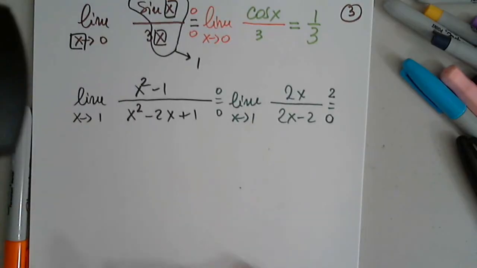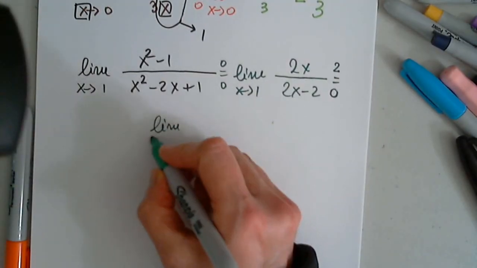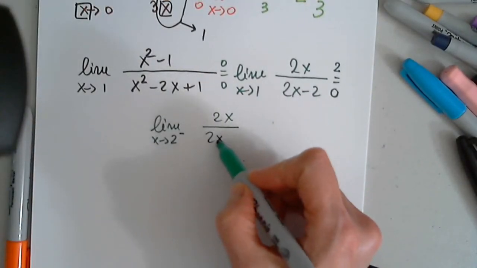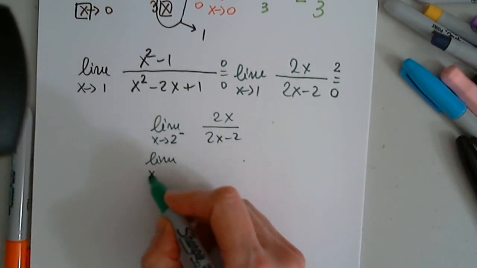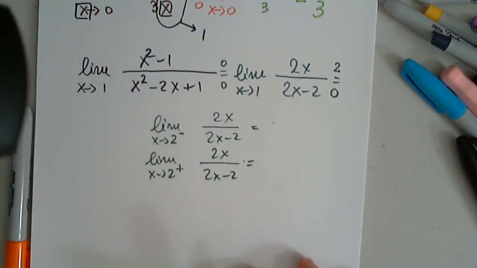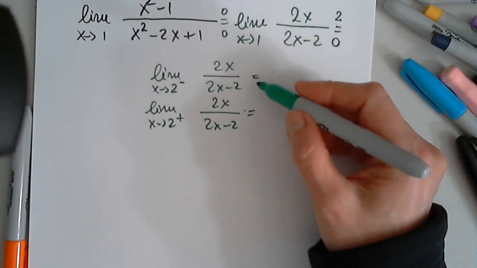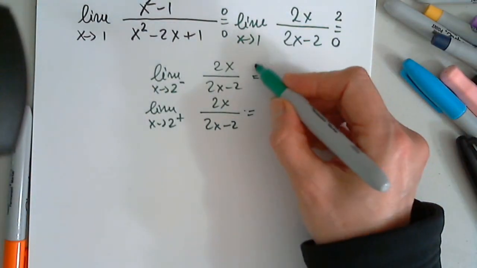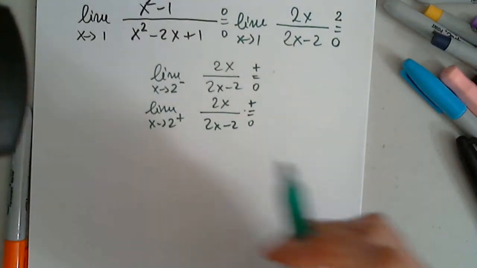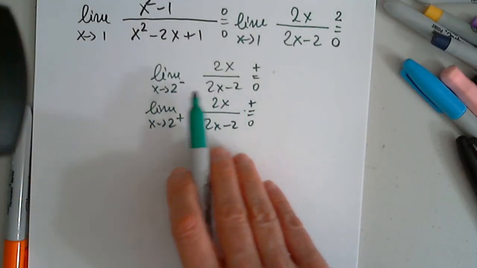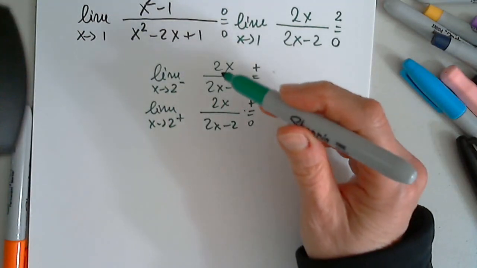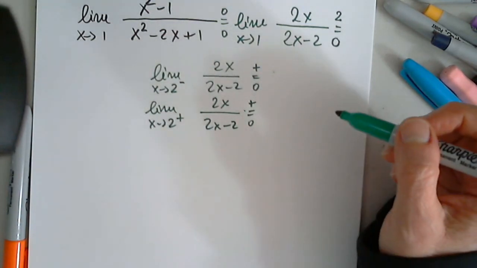At this point, I need to look at the limit as x approaches 1 from the left of 2x over 2x minus 2, and the limit as x approaches 1 from the right of 2x over 2x minus 2. So the numerator goes to, in both cases, a positive number. The denominator goes to 0 for sure. But from the left, what is the sign?